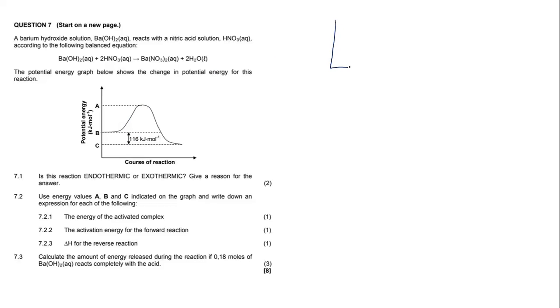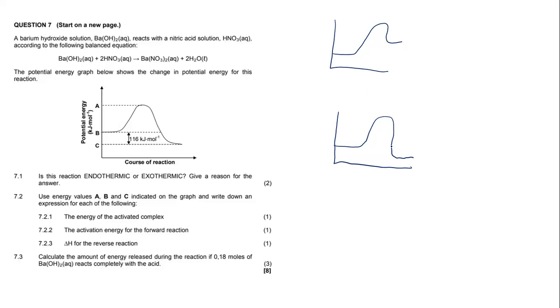So your potential energy graph can be like this. Or your potential energy graph can be like this. Like I said, these potential energy graphs are going to help us determine whether the reaction is endothermic or exothermic.